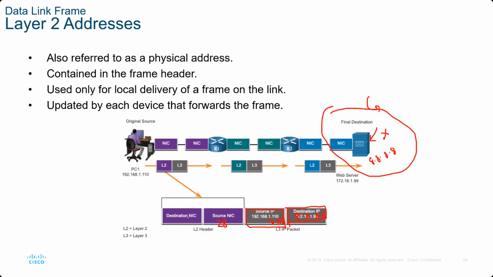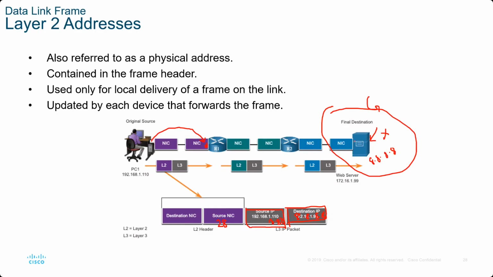Remember, the responsibility of the data link layer is only to get this frame from here to here. That's it. My first hop would be the default gateway, which in my case at home is my default router, my access point. So it needs to find the MAC address of this R1, because that's its job. The frame's job is up to here.